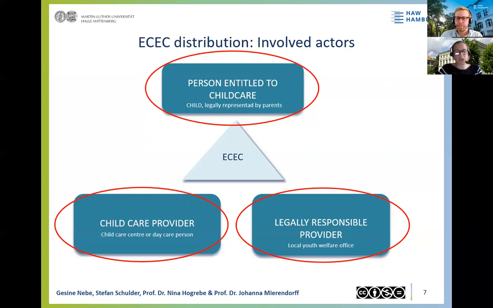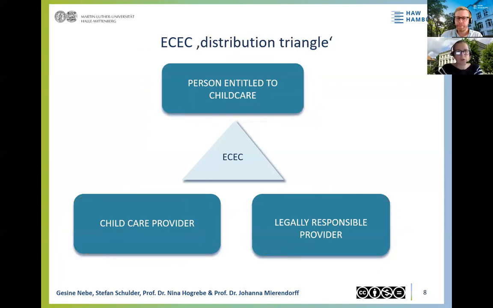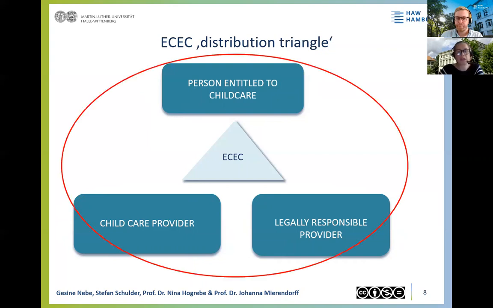The actual childcare center or daycare person, accordingly, is the childcare provider. So, ECEC place allocation procedures are shaped by a triangular structure consisting of the 3 interconnected actors: childcare provider, legally responsible provider, and the legal representatives of the person entitled to childcare.